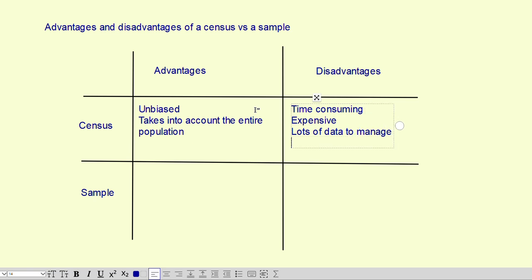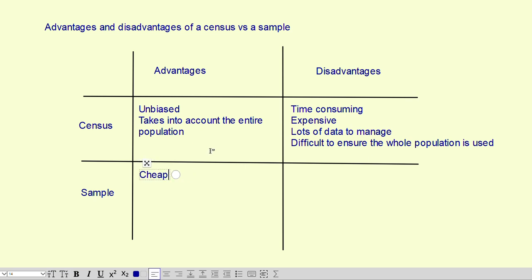Purely because of the collection of the data, the correction of the data, when you've got raw data you need to look through it all, and also the processing of that data. And it's difficult to ensure the whole population is used. It's always the aim, but how can you be sure you've got everybody?